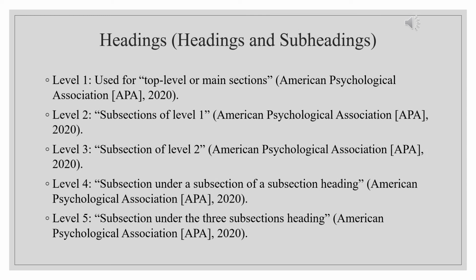In this session, I want to briefly go over headings and subheadings. Now, in APA, they have different levels. Level 1 headings are the top level or main sections of your paper, and I will give you an example of a mistake I made so that you don't make that same mistake.